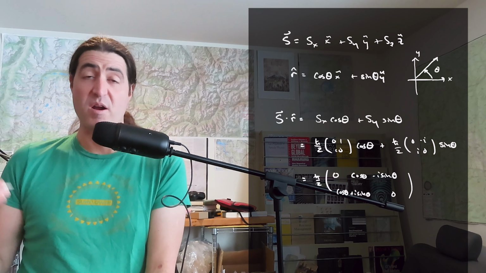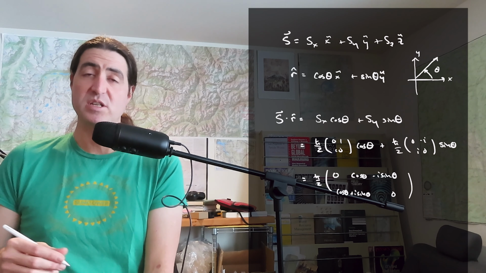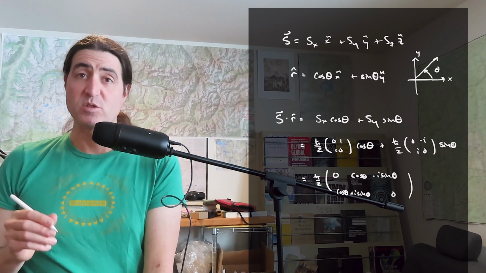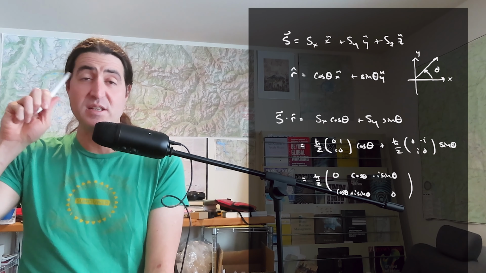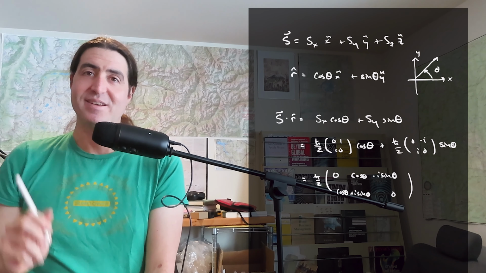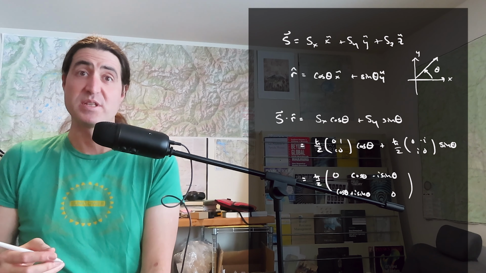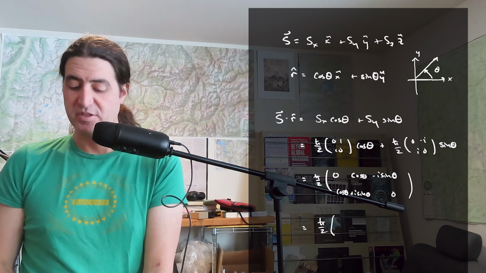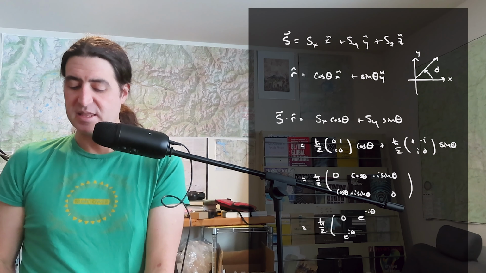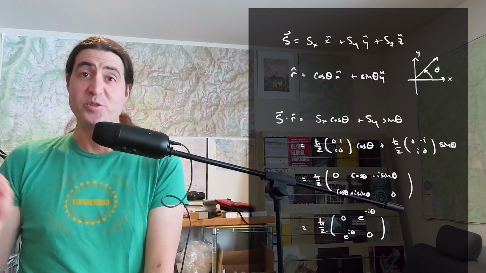And you might recall from our problem discussion of the Euler relation, and check that video out if you haven't yet seen it, when you see something like cosine plus i sine theta, you should be thinking e to the i theta, right? Because that's how you can represent them. So this matrix actually looks like h bar over 2 [0, e to the minus i theta; e to the i theta, 0]. Super easy.